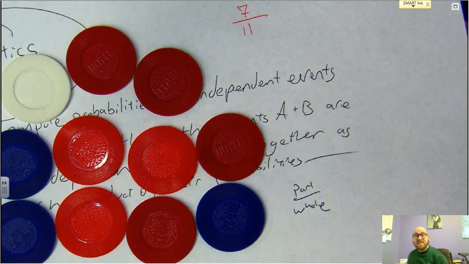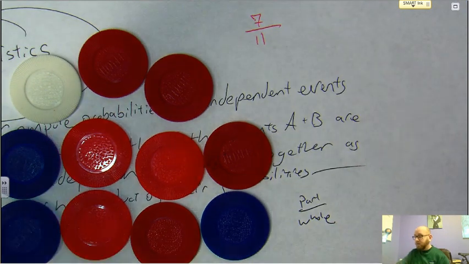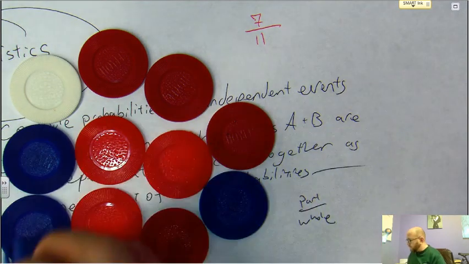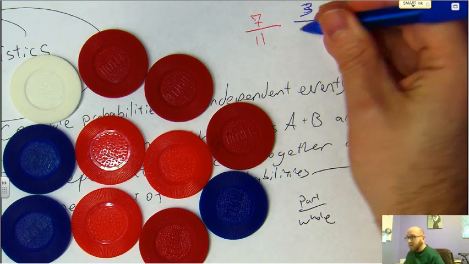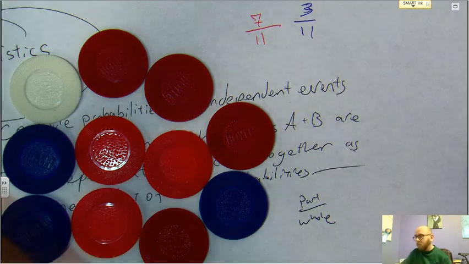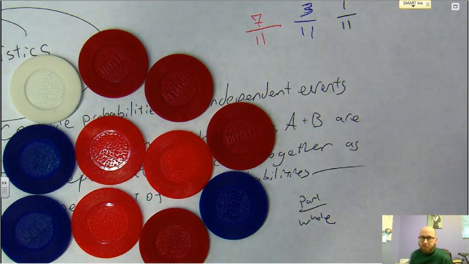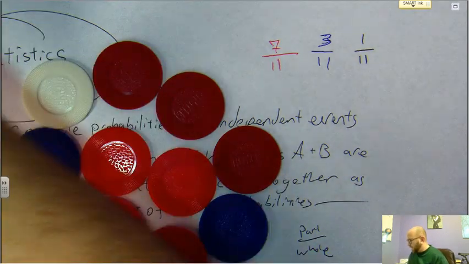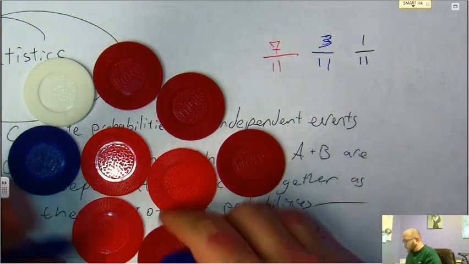So I have a 7 in 11 probability of pulling out a red. Likewise, for blue, I have a 1, 2, 3 out of 11 probability. And for the white, there's only 1, so a 1 in 11 probability. Those are my probabilities of each of these poker chips, if I were to put them in a bag and pull them out.